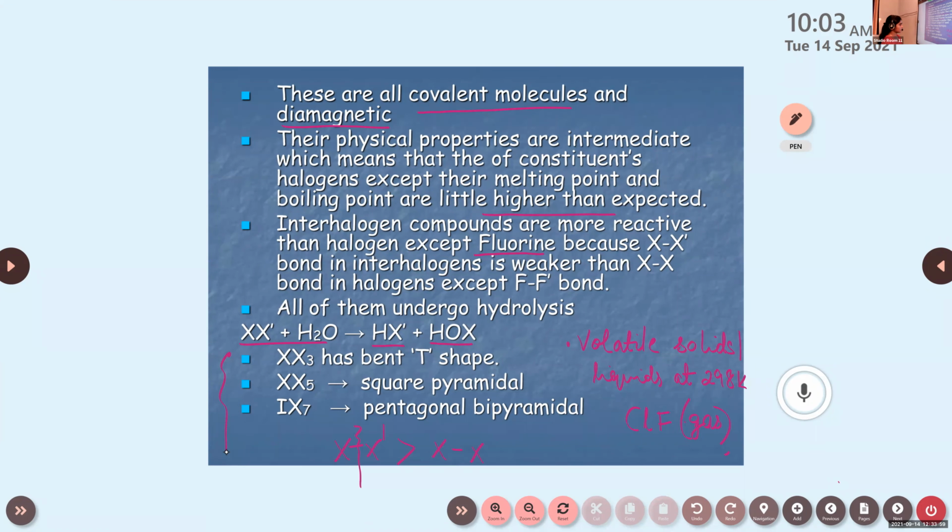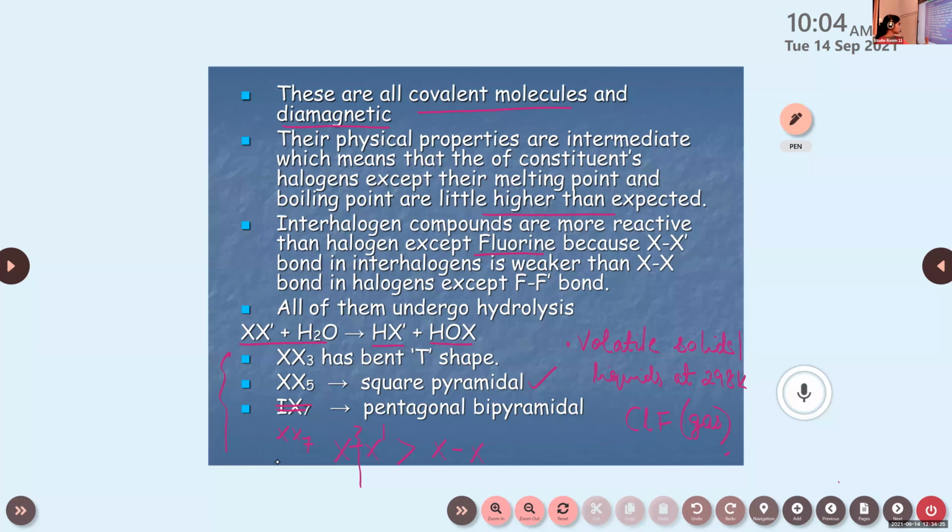There is a common structure for each general formula. XX3 bent T shape, XX5 square pyramidal, then IX7, which you can also write as XX7, has a pentagonal bipyramidal shape.